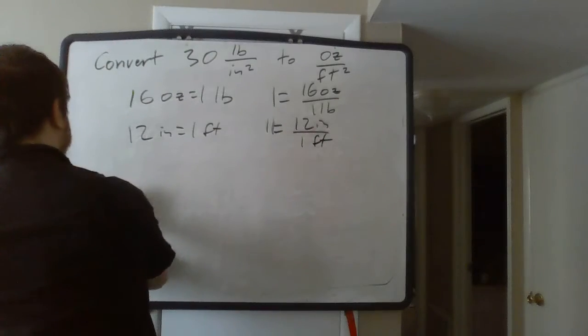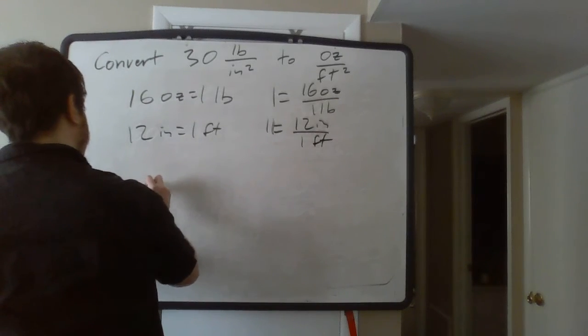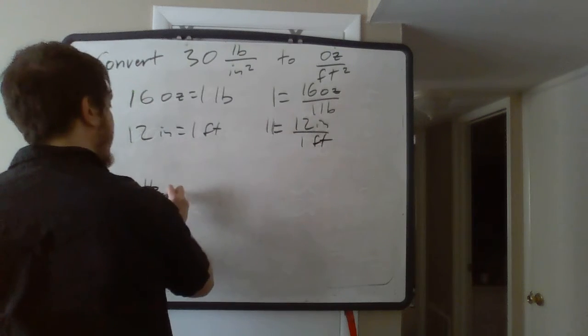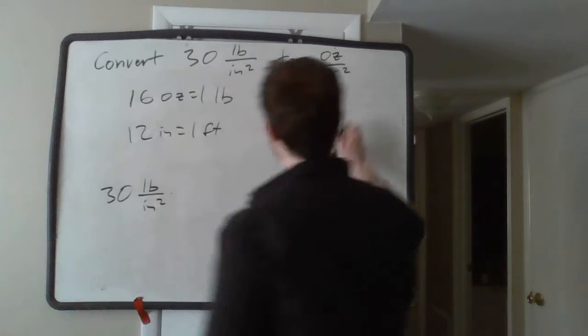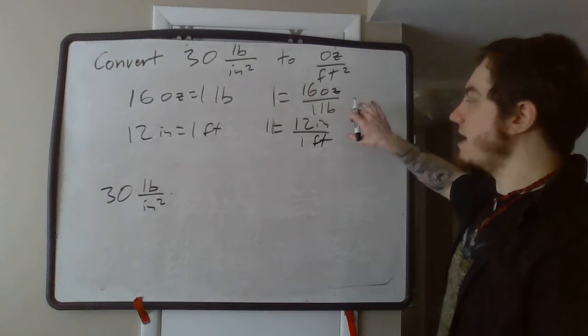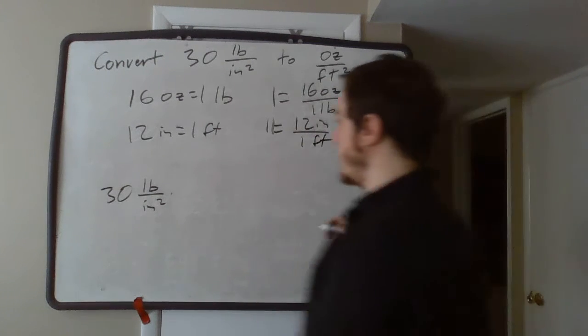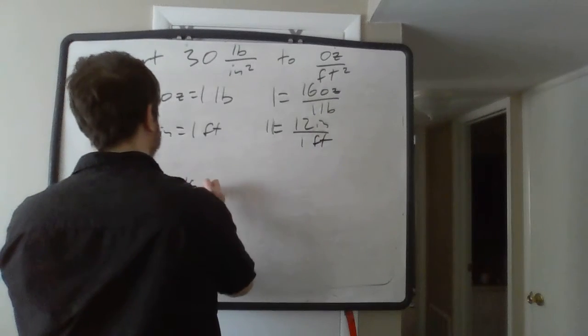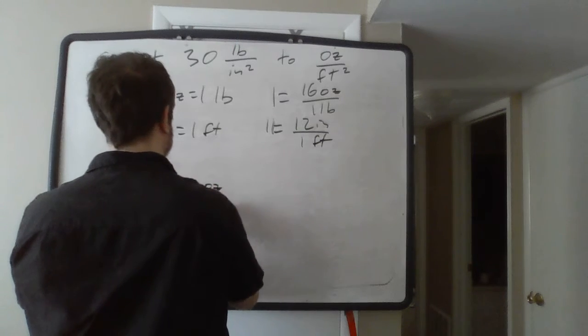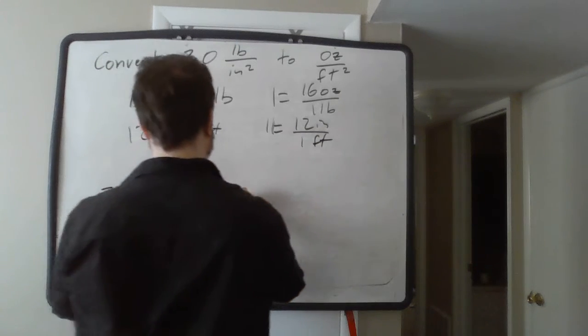So we get 30 pounds per square inch times, I can multiply by the 16 ounces per pound to get ounces. So this is going to be 16 ounces divided by 1 pound.